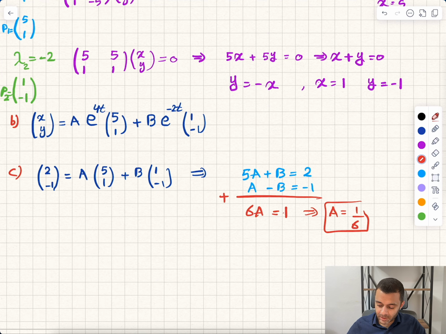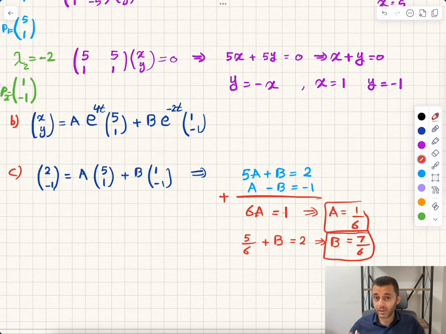So now you can replace the a here. You will have 5 times a, which is 5 times 1 over 6, and that will be 5 over 6, plus b equals 2, which means b will be 7 over 6 if you solve here easily. But of course, I recommend doing this only by calculator.